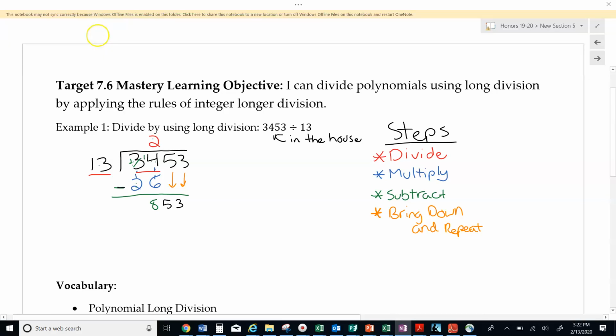Now again, same thing. I have my first 2 numbers here. How many times does 13 go into 85? I'm just going to start counting up by 13: 13, 26, 39, 52, 65, 78.